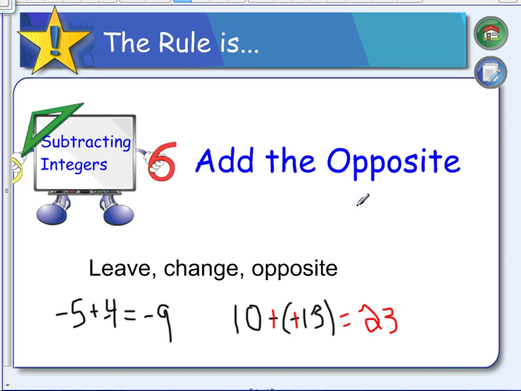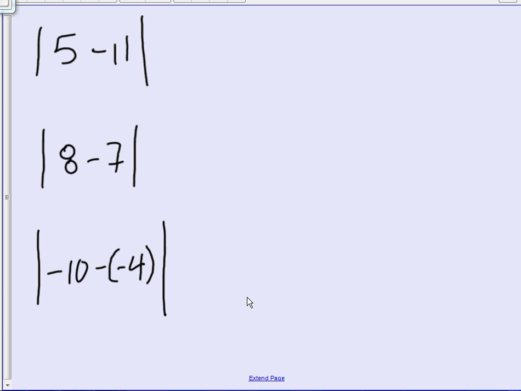Okay? All right. So when we're talking about subtracting real numbers, there are a couple applications that we can use to represent how to subtract real numbers. The first one is when you're dealing with absolute values.